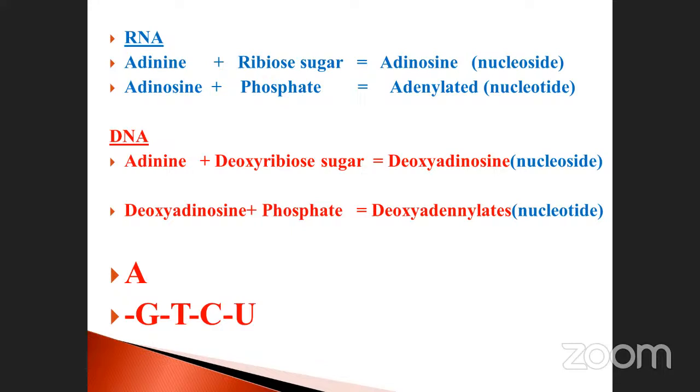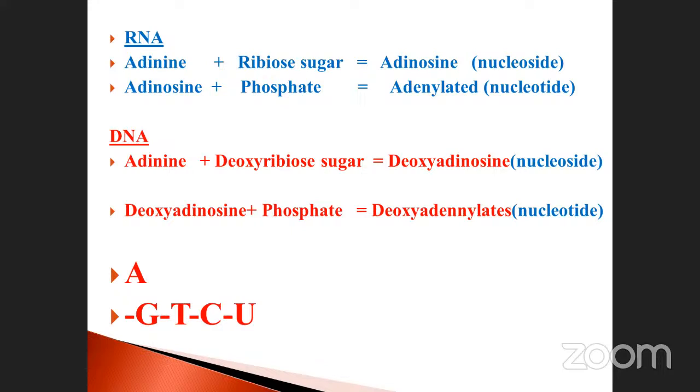So after the formation of the nucleoside, adenosine, the same thing is here. Adenosine, phosphate linked, what happened? It formed adenylate. So this is called a nucleotide. Here what happened? Tide means 3 components: adenosine, ribose sugar, phosphate. 3 components are here. So nucleotide.